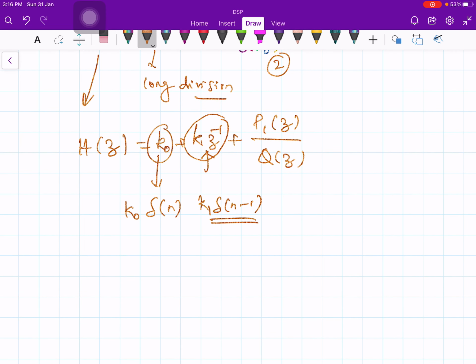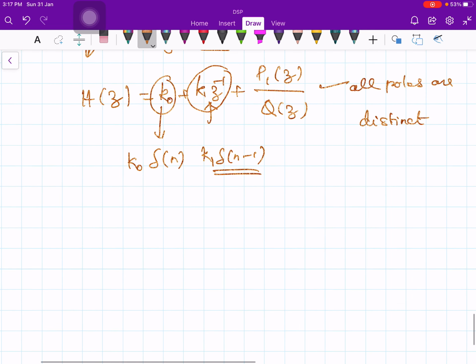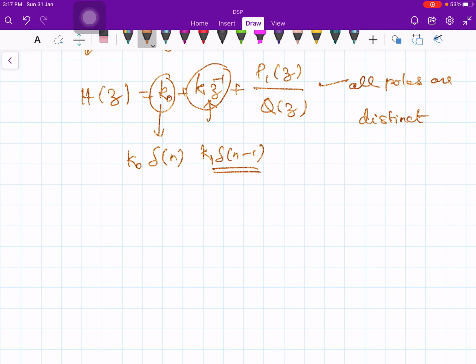There is another simplifying feature about this problem, which is that there were no repeated poles. So in this expression we assumed all poles are distinct. In case the poles are repeated, then what will you do? See, the poles were like 1 minus 0.2 z inverse, the pole is at 0.2 in the denominator, and one more factor in the denominator is 1 plus 0.6 z inverse.